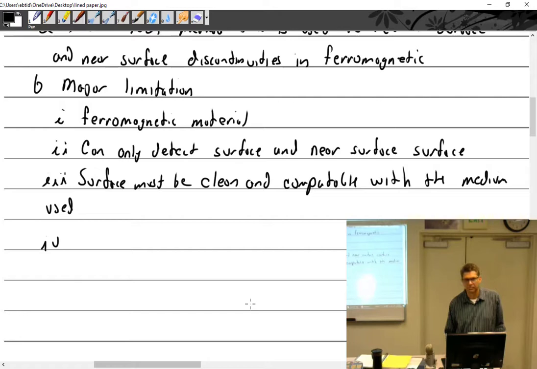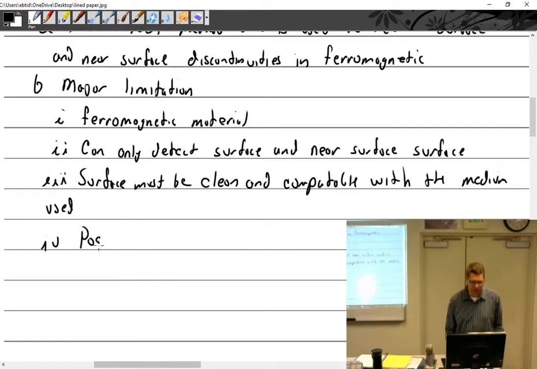No. Or plating? Well, if it's going to detect subsurface discontinuities, it'll detect it through the paint. It can be a problem if you have paint. It can be a problem if you have grease or oils. I should show you guys what grease and oil looks like under a black light. It reflects right back at you. It fluoresces a purple. And so it makes it very difficult, and it doesn't mix well with the medium, and this makes a mess of things. So that's why I say clean.